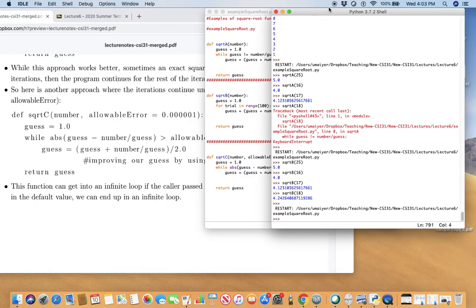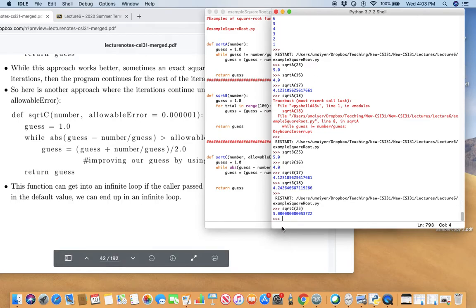Square root c of 25 is good. It did something though, right? It kept improving. So it should not have given 5 point blah blah blah. Why? It kept improving until you crossed a certain allowable error. What that means is, look, this is within the allowable error. That's why that's your answer. I hope it's clear.